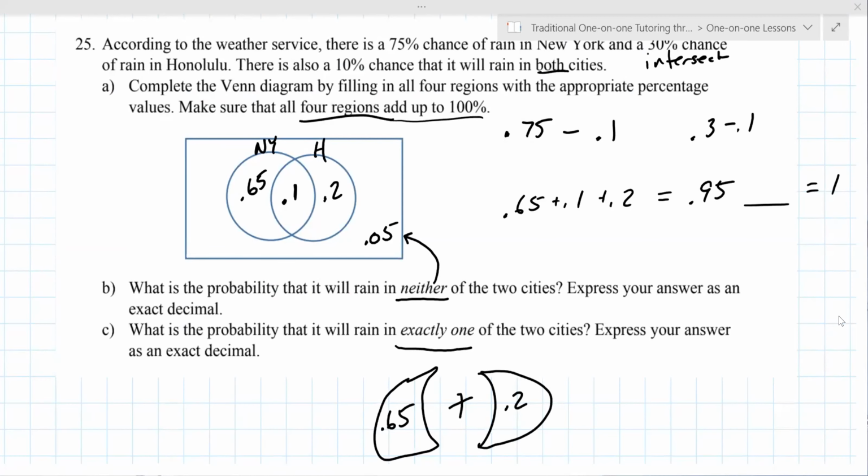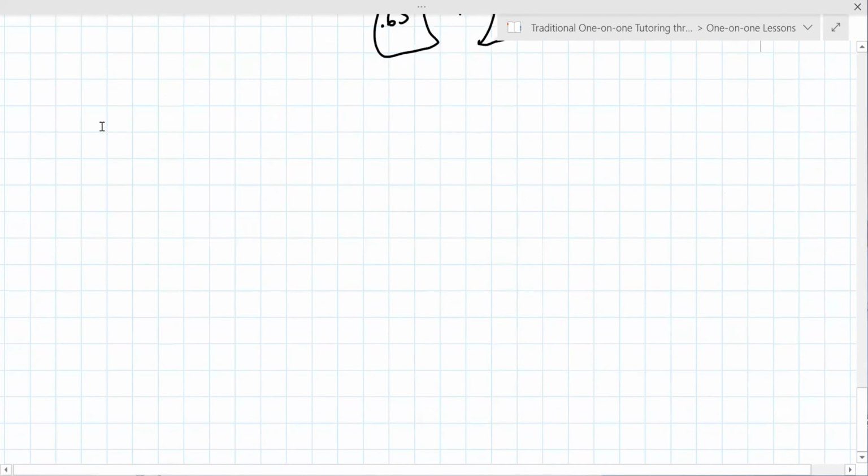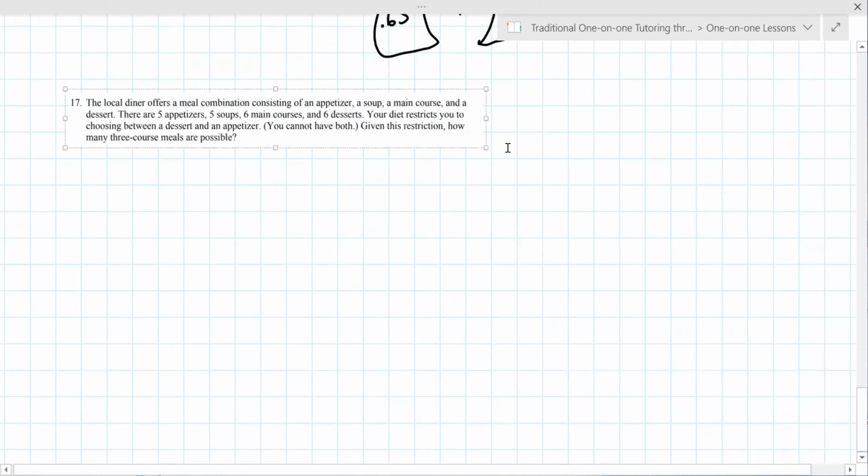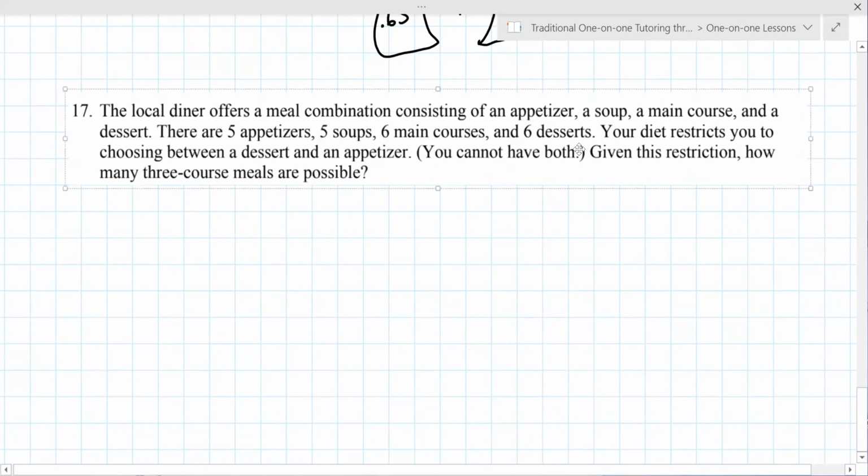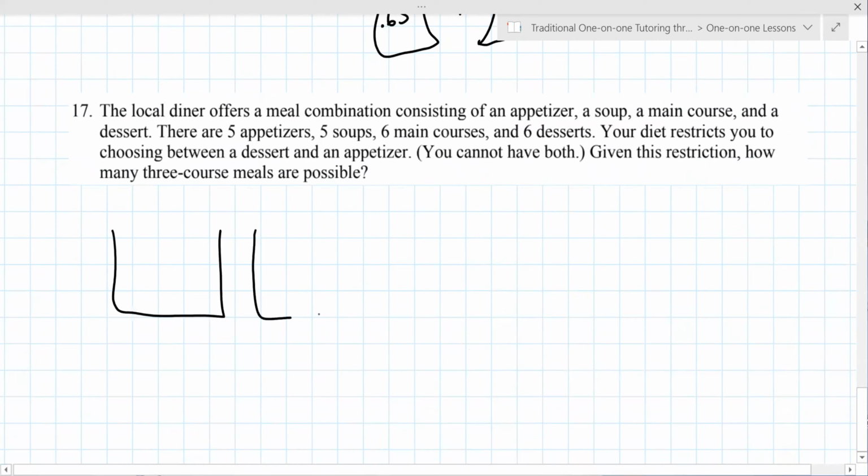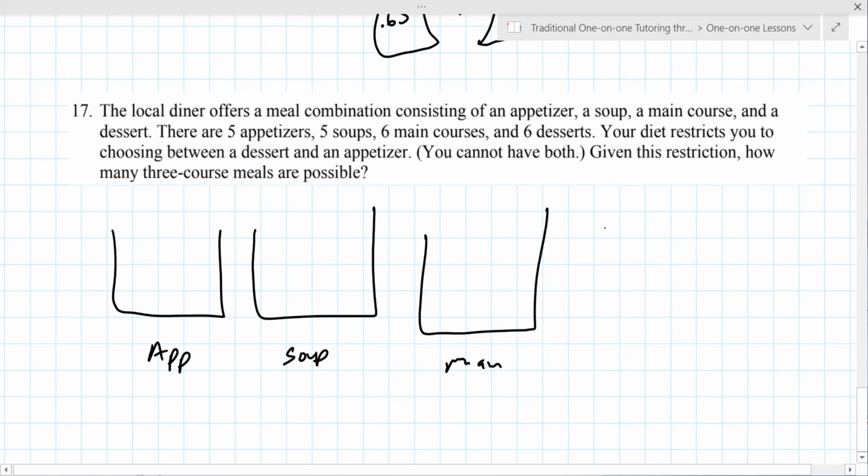I call it more of a bucket or counting problem, because there are buckets or bins that you choose from: this is appetizers, this is soups, this is main courses, this is desserts.